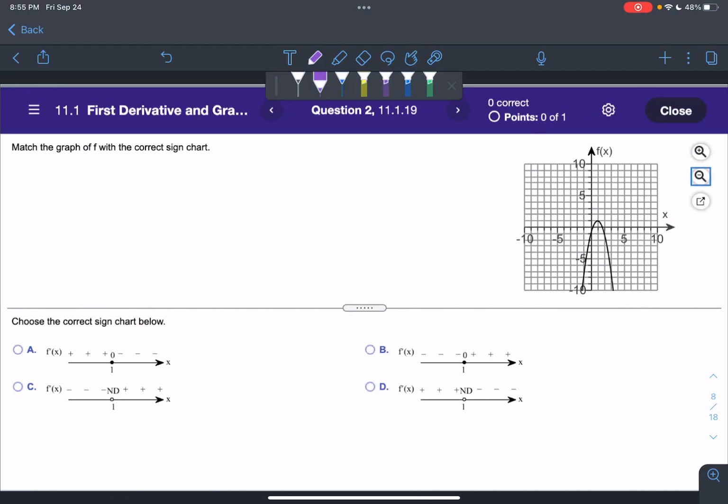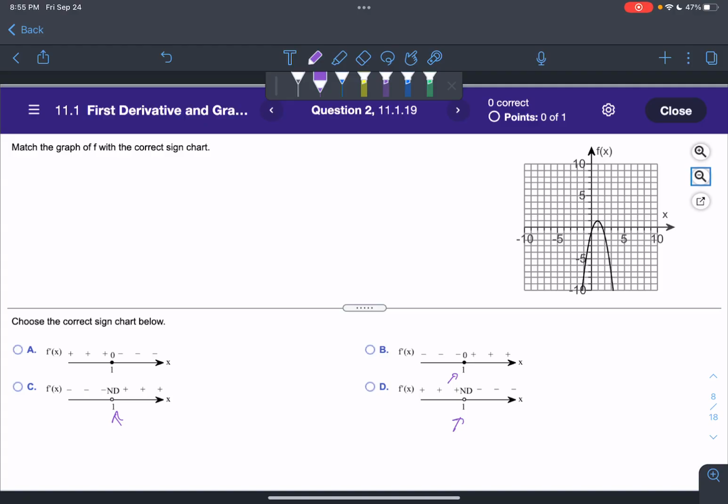So here we're kind of going the opposite way, where we're starting with a graph, and we want to know what the sign chart is. So one of the things that I like to do is start off where these critical points are that would form my sign chart. Actually, if you look at the answers, they all have critical numbers of 1, right?